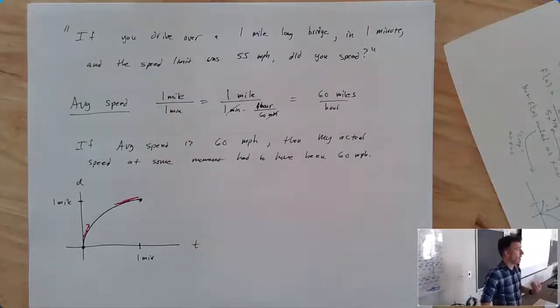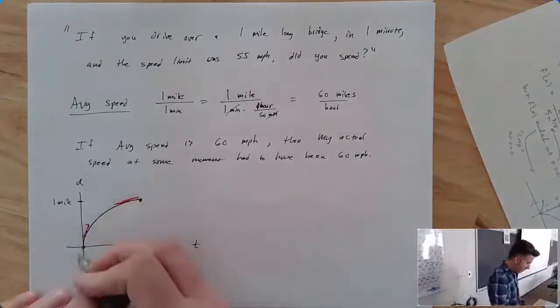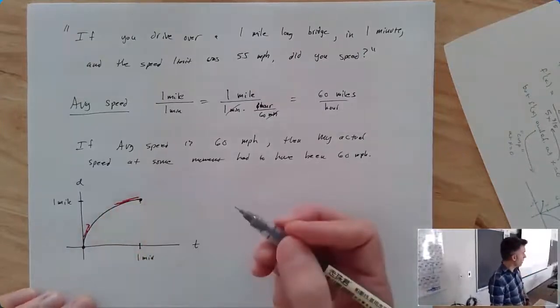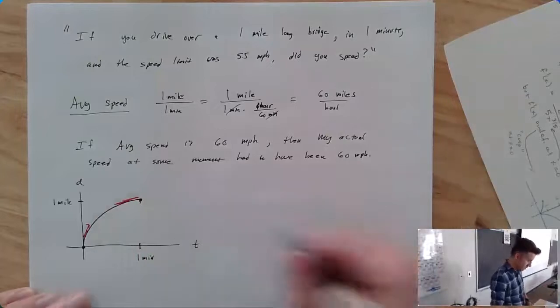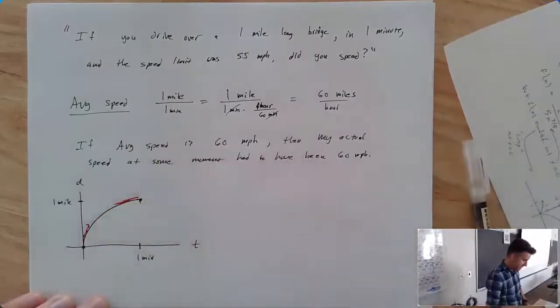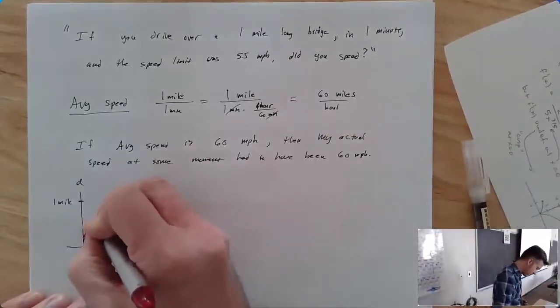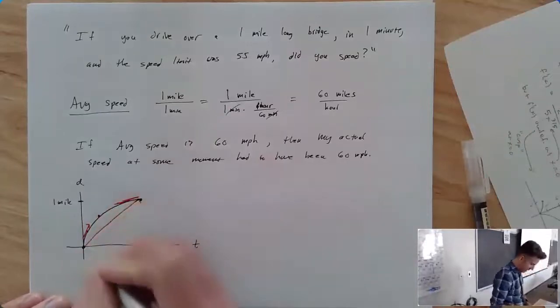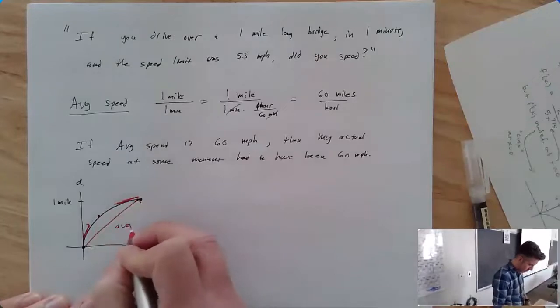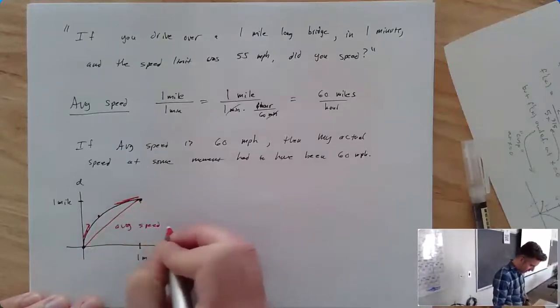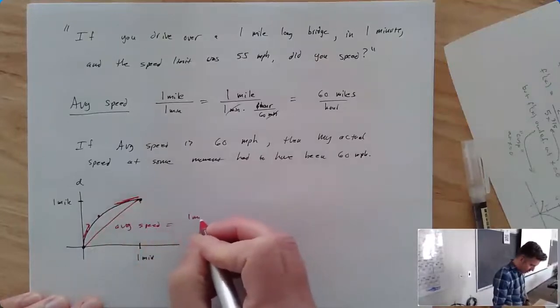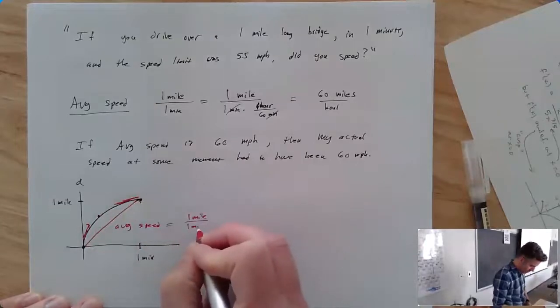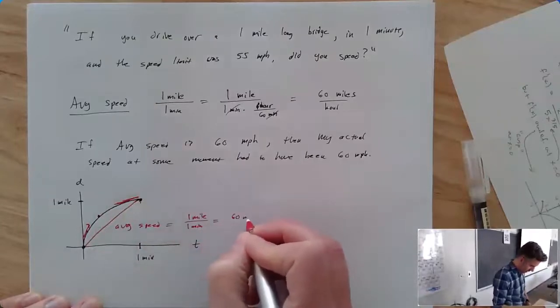Now, here's what the mean value theorem says. Somewhere between my endpoints, my average speed, I should say, not my average speed, my instantaneous speed is the same as my average speed. So my average speed is just my 1 mile per 1 minute, which is equal to 60 miles per hour.